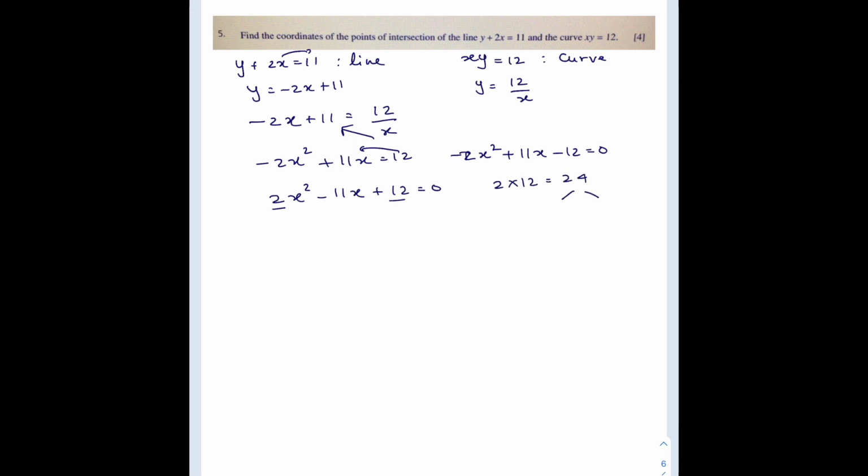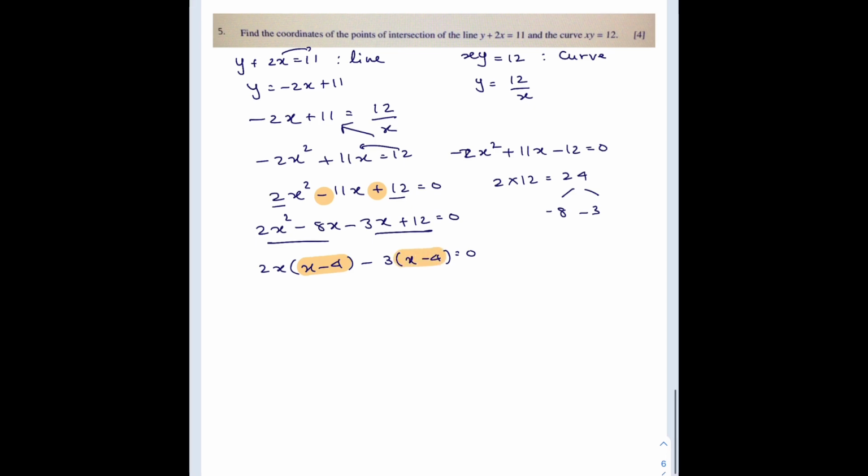2 times 12, 24. Factors of 24 to give you 11: 8 and 3. So 2x squared minus 8x minus 3x plus 12 equals 0. Both should be negative because the middle number is negative. And this tells me I have to add the factors. 2x(x minus 4) minus 3(x minus 4).